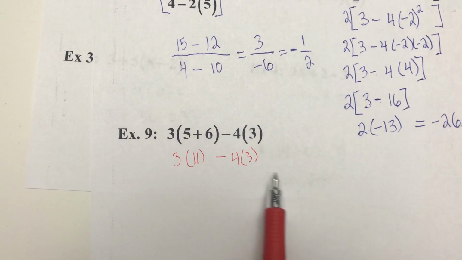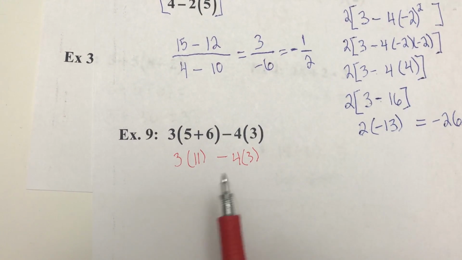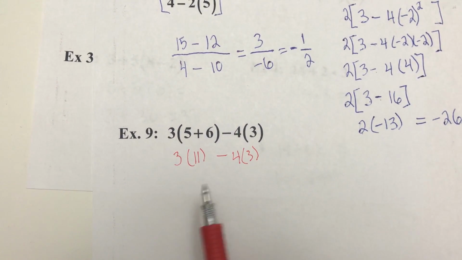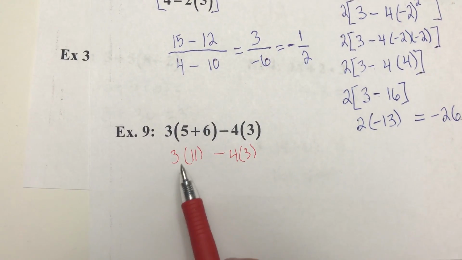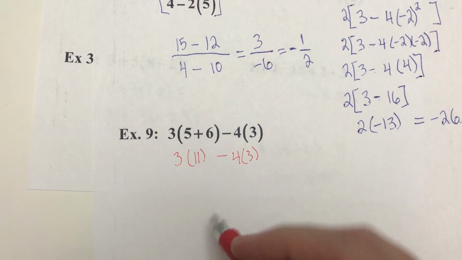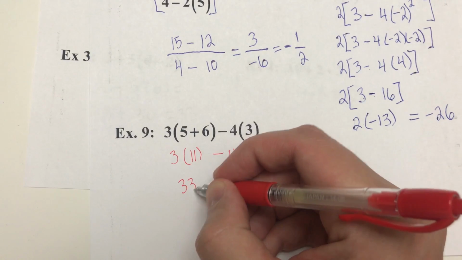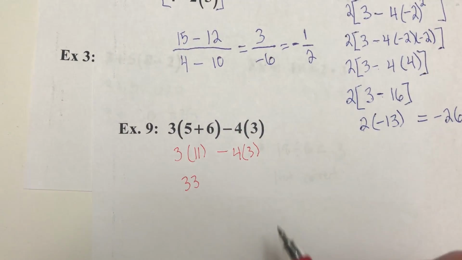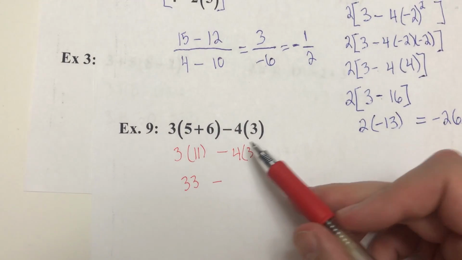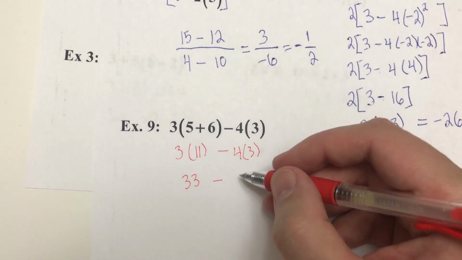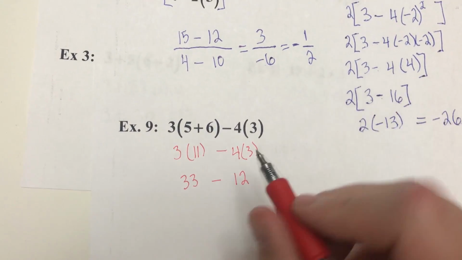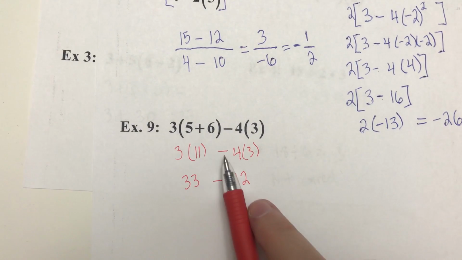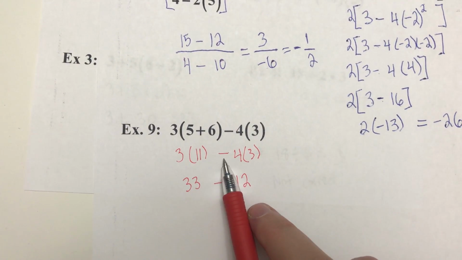Next, there are no exponents. There is no division, so we can now just do the multiplication. 3 multiplied by 11 is 33. Subtract, and 4 multiplied by 3 is 12. Both of the multiplications needed to happen before the subtraction.